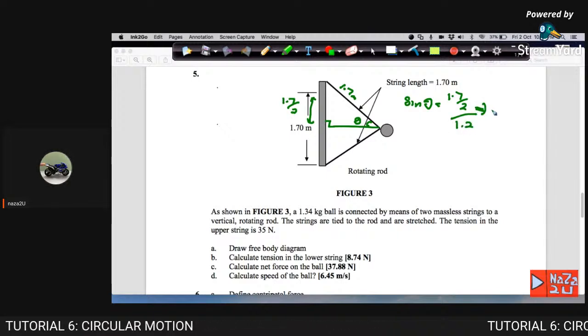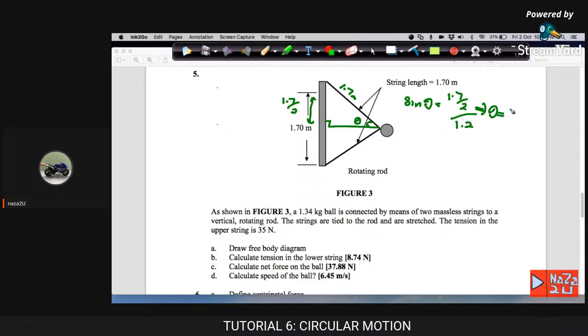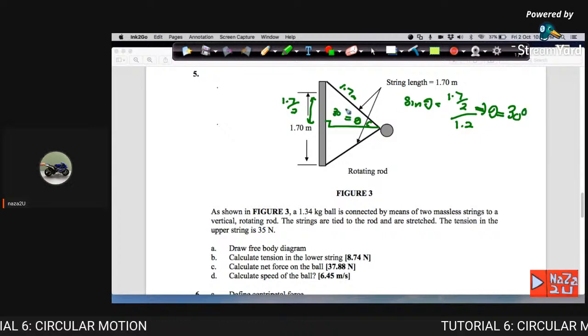Use a calculator: it is half, so theta is equal to 30 degrees. So here is a 30 degree angle.